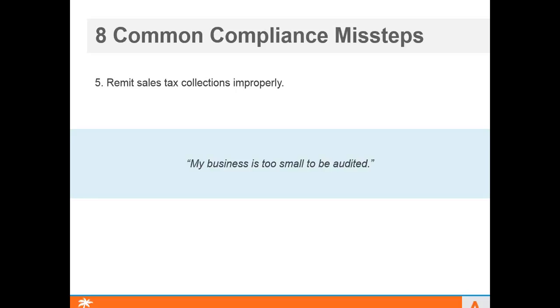There could be red flags that bring those up, and a lot of times you're most likely going to be audited not by your local state, but by a state that you do a lot of transactions in, and they feel like you have Nexus there, and they're going to start inquiring. So whether you're big or small, a lot of things can put you on the radar for an audit.